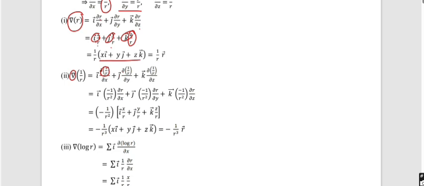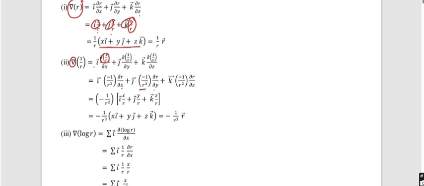We have i vector into minus 1 by r square into ∂r/∂x plus j vector into minus 1 by r square into ∂r/∂y plus k vector into minus 1 by r square into ∂r/∂z.